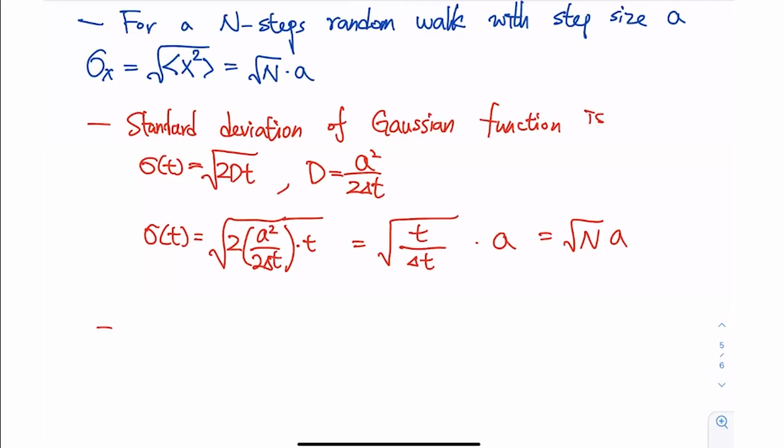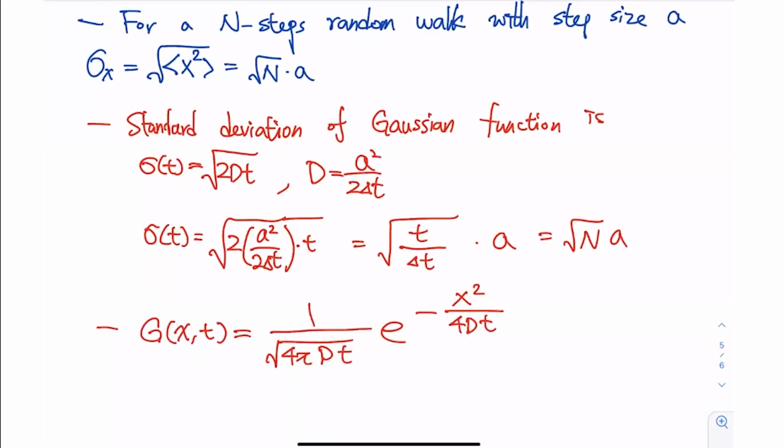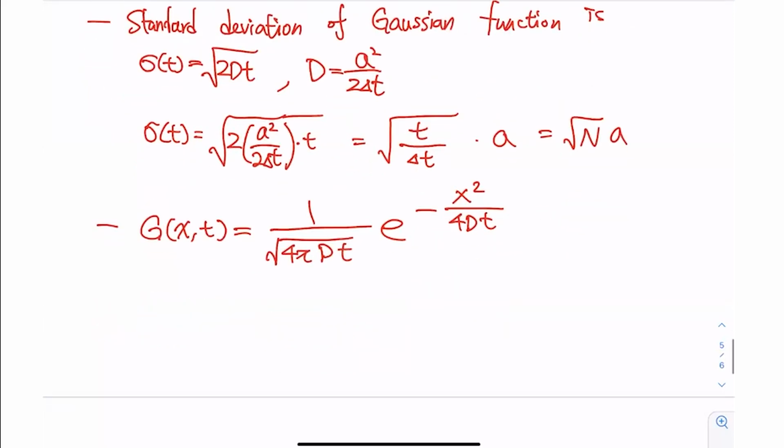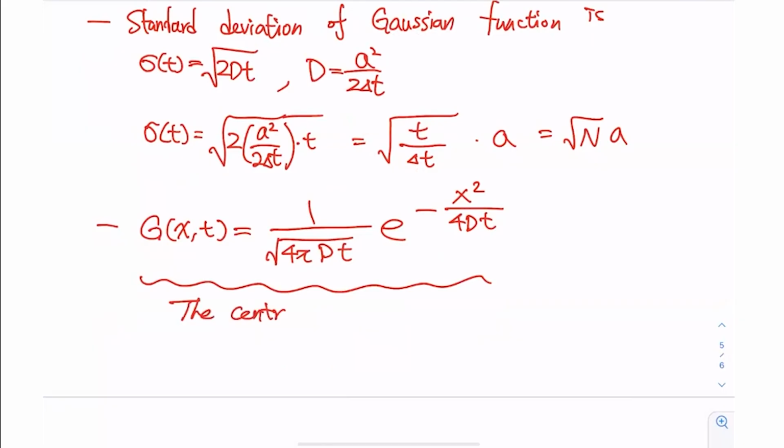That's one thing, and the other thing is that let me try to write down the Green's function again. To some extent, this expression for the Green's function is directly related to the central limit theorem.